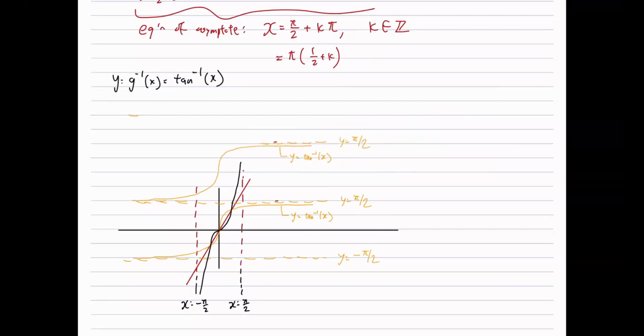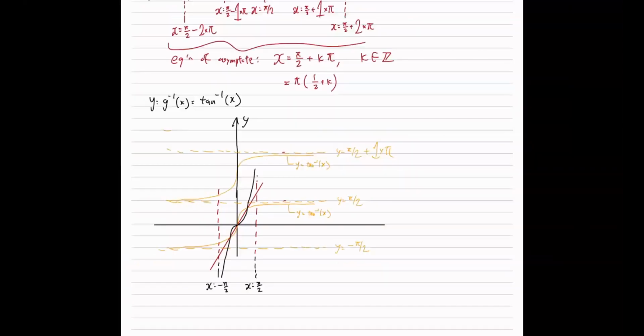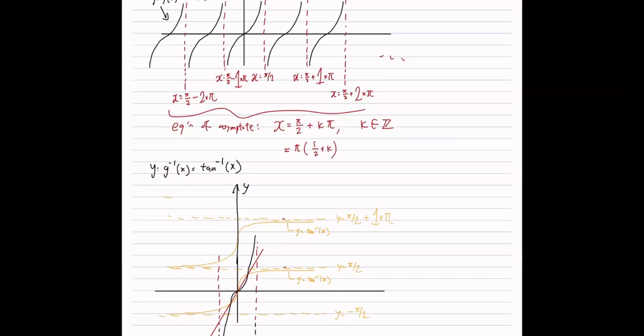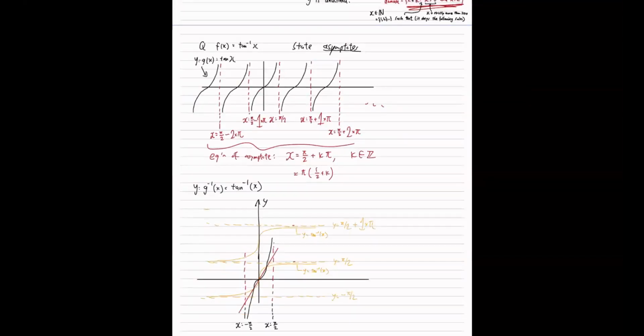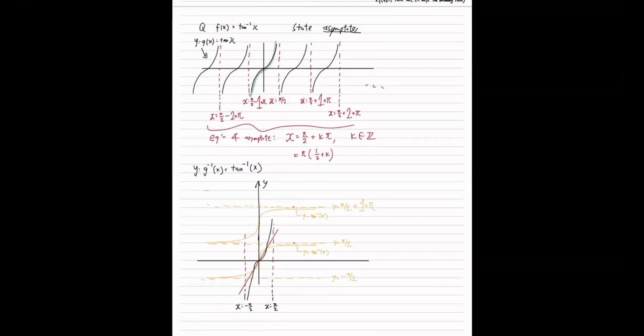You see what I'm doing? Then you have another asymptote, but it's not pi over 2, it's pi over 2 plus 1 times pi. This original graph is the green one. It becomes reflected into this green one at the bottom. This purple one will get reflected into this orange one at the top.